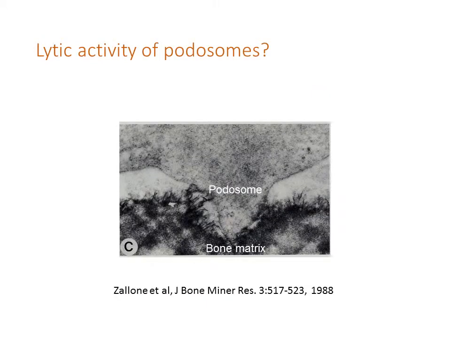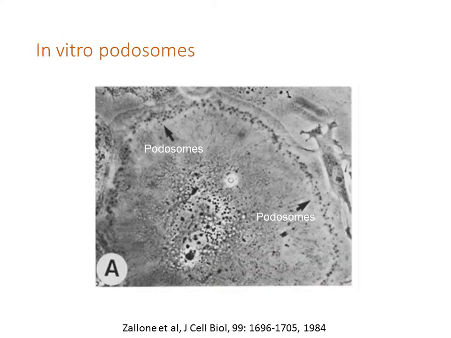Podosomes are like little feet, and probably they have some kind of lytic activity, because you see here that there is some disruption of the bone matrix, probably to expose the adhesion proteins and promote cell attachment. We discovered the podosomes in our very first osteoclasts that were observed to spread out on substrate and display a number of dot-like structures at the cell periphery.